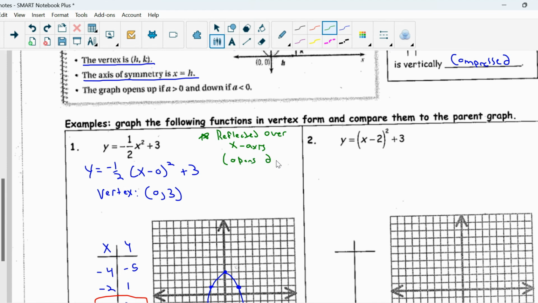Or opens down. Okay, it is vertically compressed since our a value is less than 1. So you can just say vertically compressed.